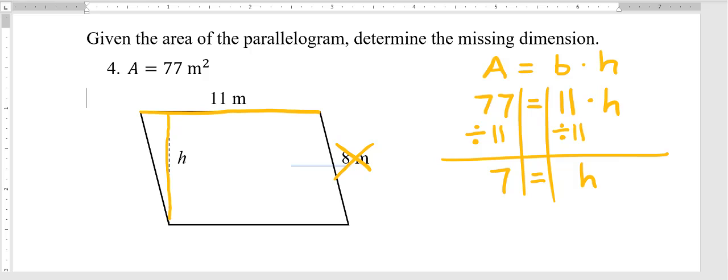So our missing dimension, our height, is going to be 7 meters. Here's our answer. Our height is going to be 7 meters.